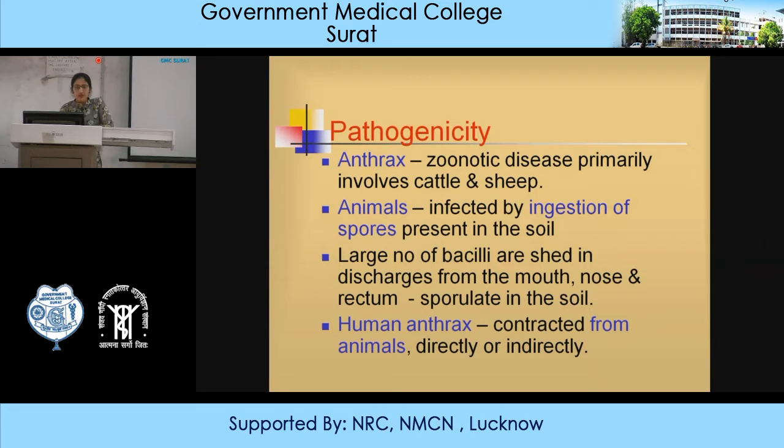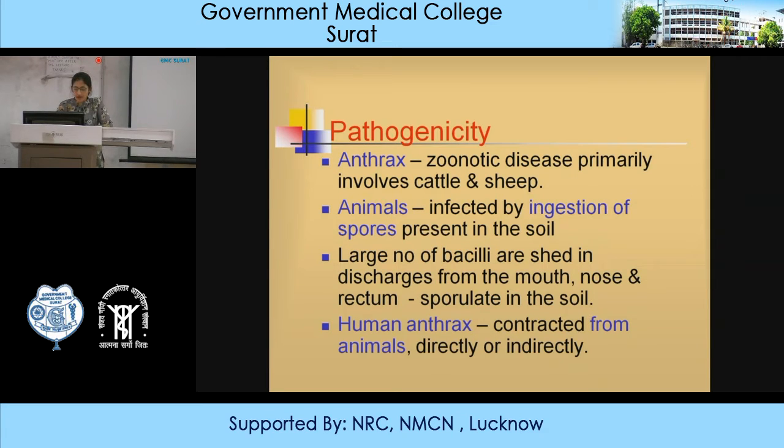Here humans are not the primary source of infection. The animals, including cattle, are basically the source of infection. The animals are infected by ingestion of spores present in the soil, and then from animals it is transmitted to humans. That's why it is known as a zoonotic disease.